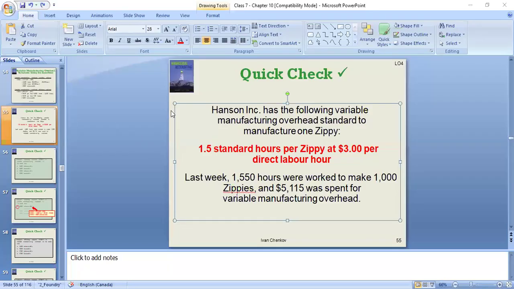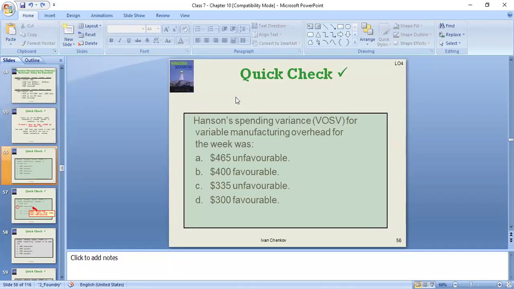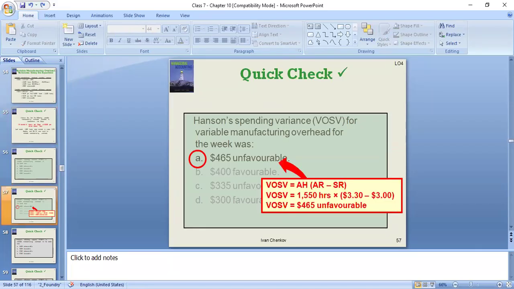Let's move to the slides and finish the slides for the variable overhead. So what was the variable manufacturing overhead spending variance? I believe we calculated $465 unfavorable in our case.